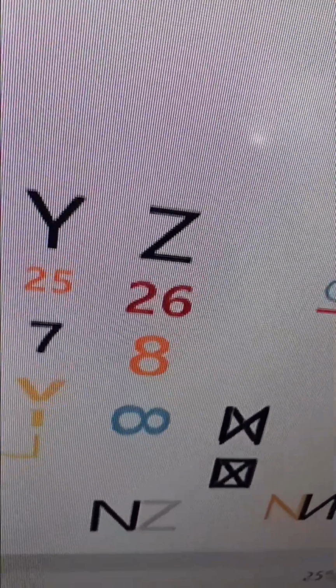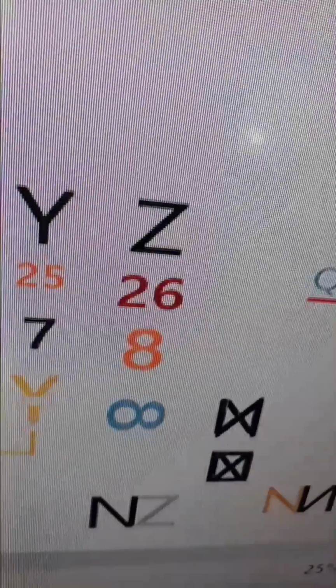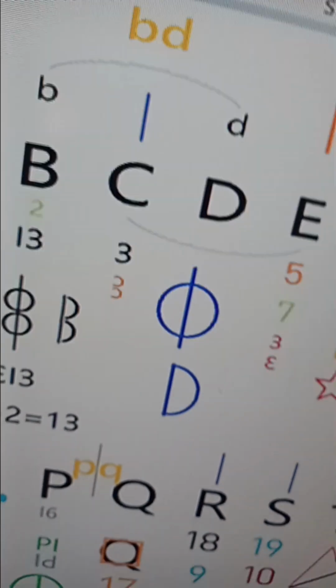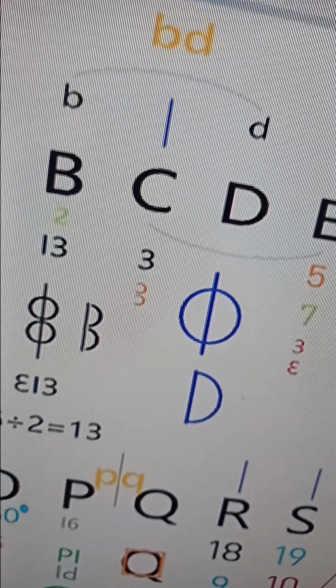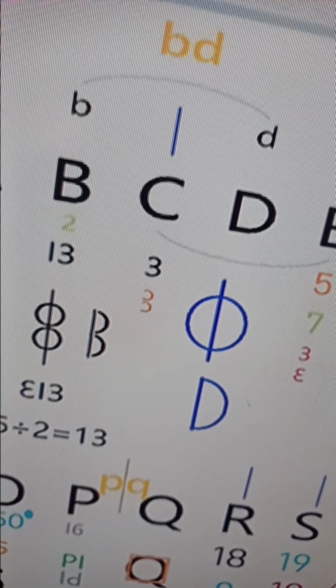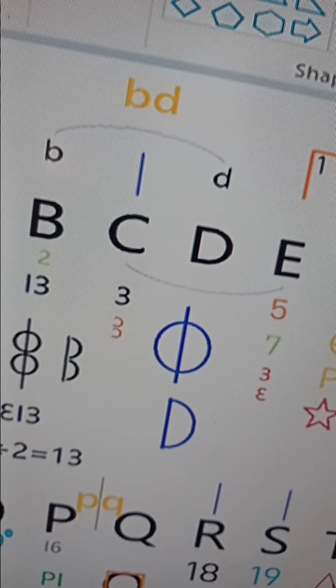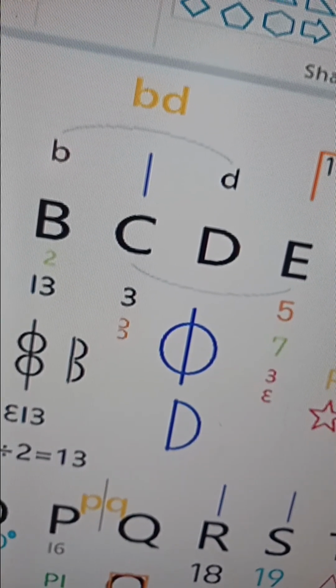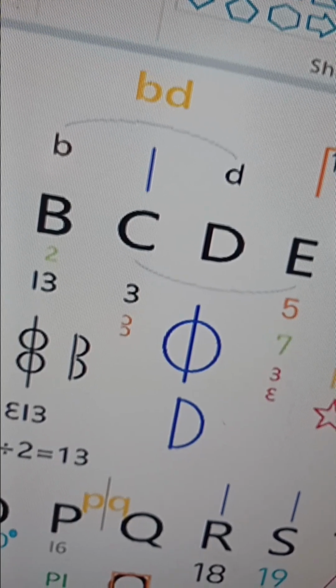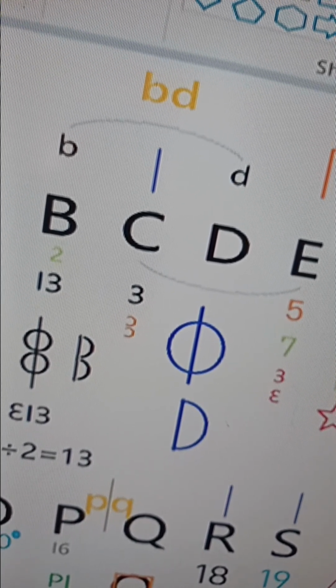That's why Z equals 8. But what happens with the D is you're cutting the cycle of 8 in half, because it's the 4th letter. And when you take the circle and you cut it in half, you literally have the letter D forward and backward. And if you carry that line up a little bit, you have the lowercase d.